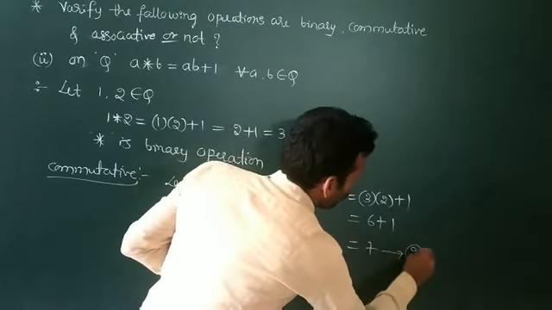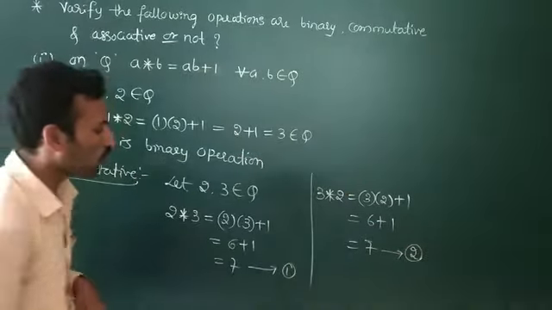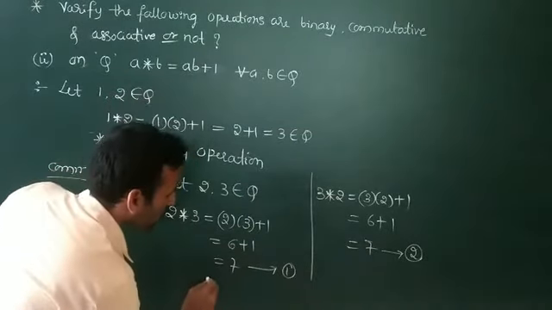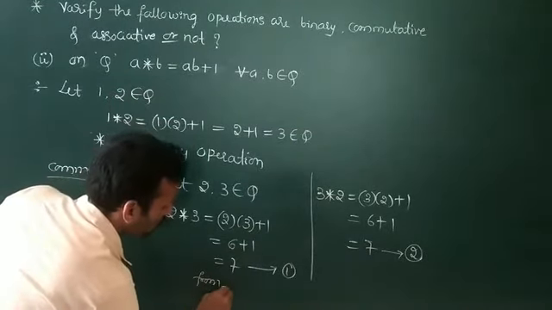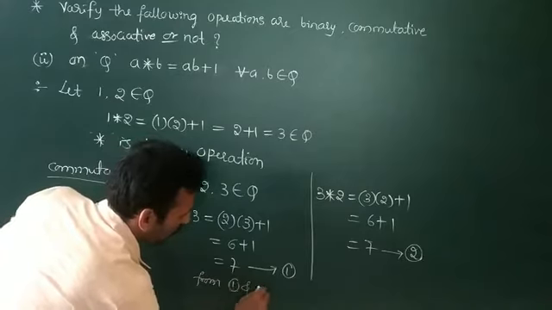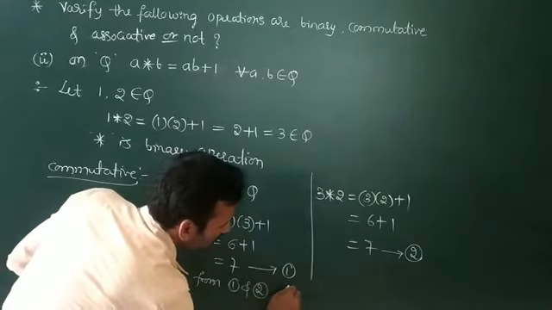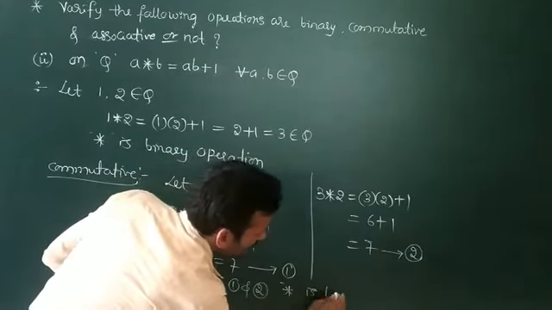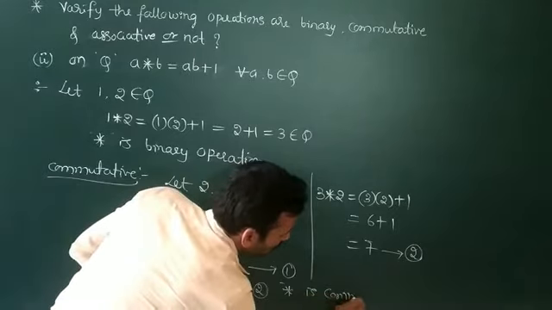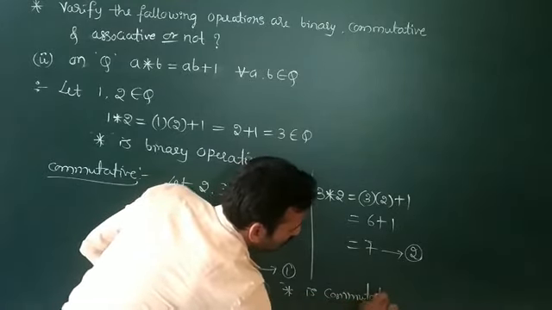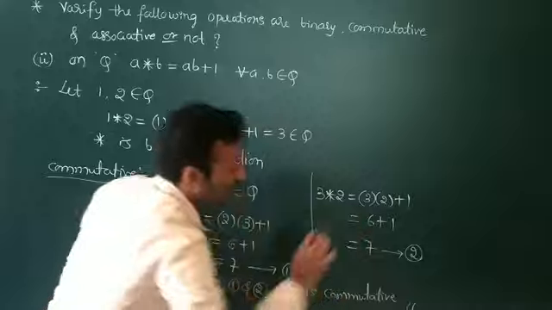Equation number 2. From 1 and 2, we conclude that star is a commutative binary operation.